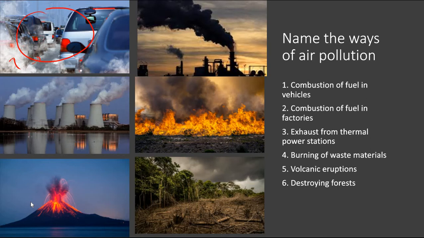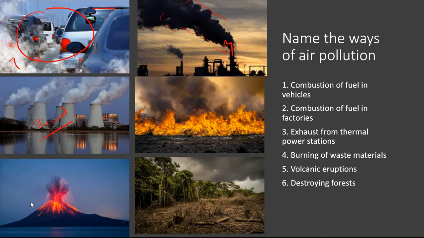At the same time, factories also use these various fuels for their functions, and they will also produce some harmful toxic gases like this. Then you have thermal power stations. When you keep on using and exhausting them, they will also release some harmful gases.